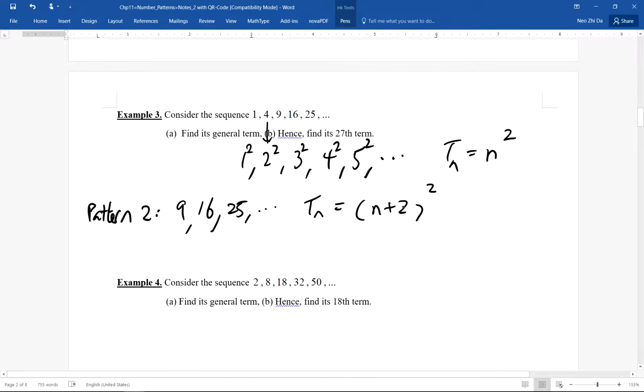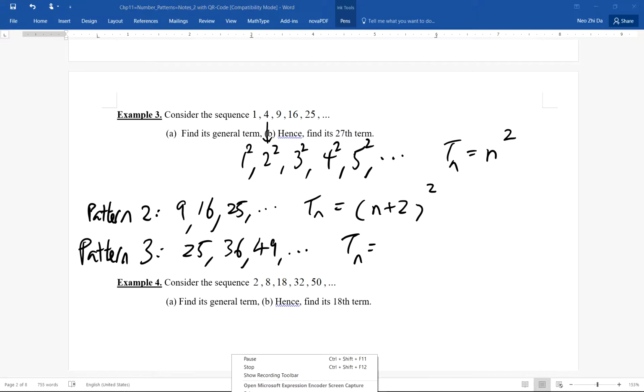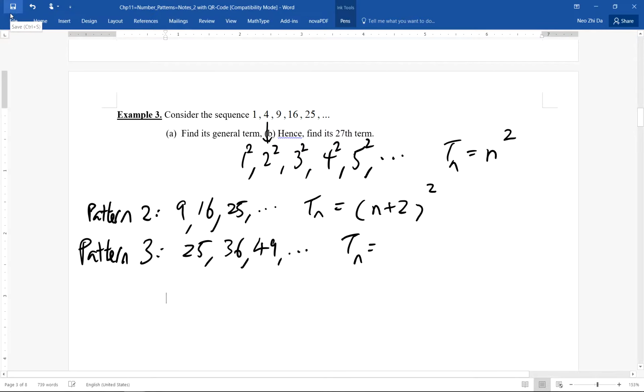Okay? So let's try. If today my number pattern is this: 25, 36, 49. What is the general term today? Do it now. Okay. So for square numbers, initially we start with 1, right?